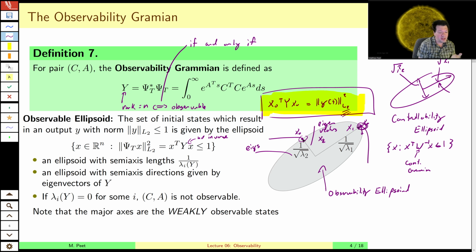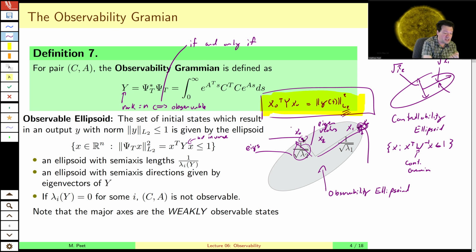But for the observability ellipsoid, the idea is the opposite. You need to go this far in this direction in order to produce an output of size 1, whereas in this direction, you only need to go this far in order to produce an output of size 1.